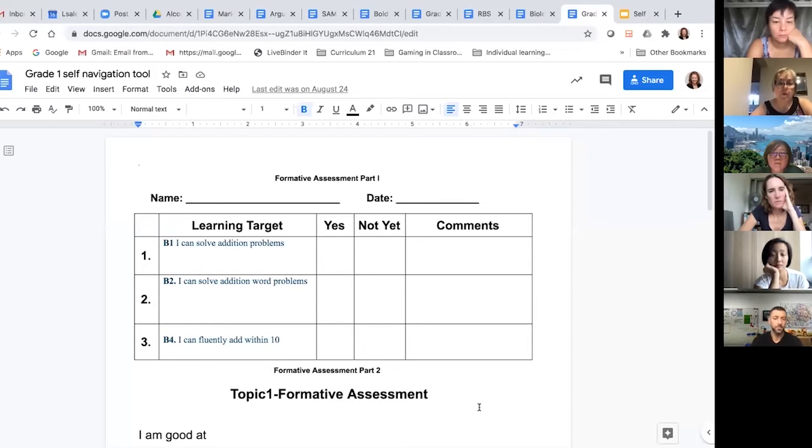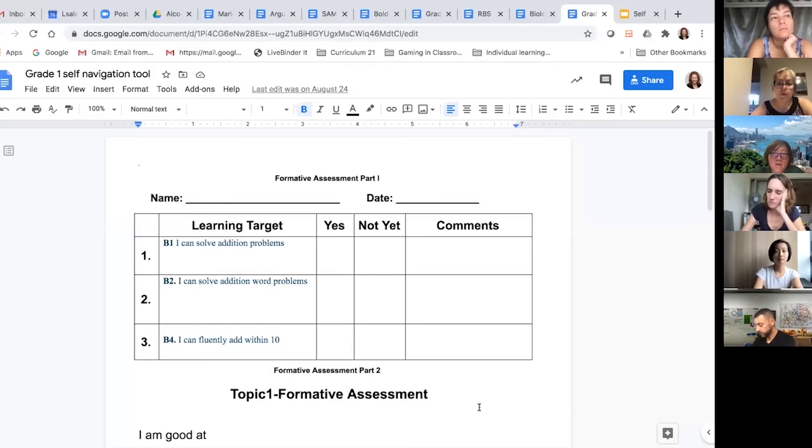You want it to be very approachable. And it's got the yes and not yet and then comments. These happen to be math, but I could do this with things like production of sounds or the creation of characters or letters or basic grammar. I can put any kind of learning target in these pieces.